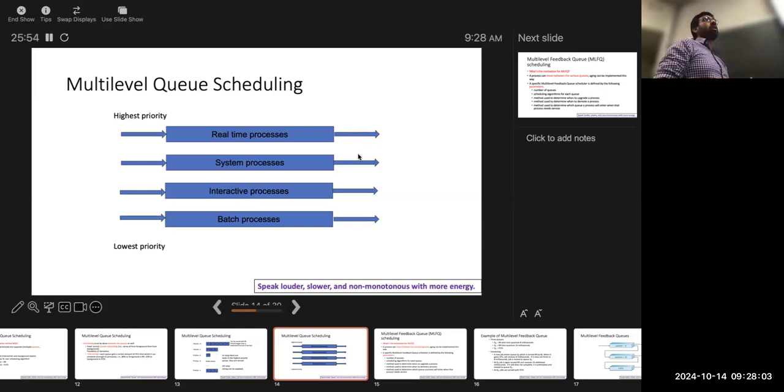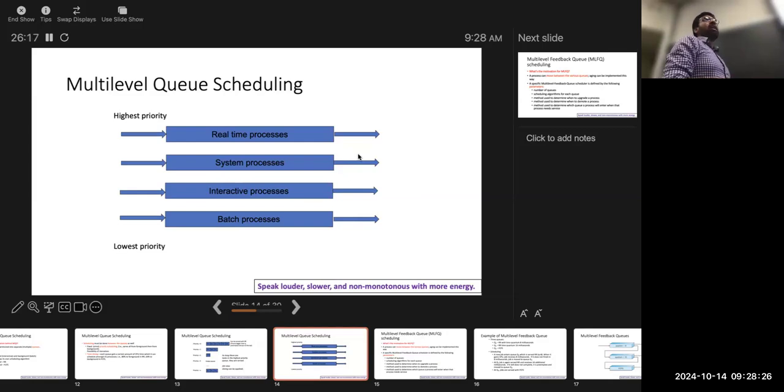But the current approach we are talking about doesn't allow you to dynamically move the processes from one priority queue to another. Once a process enters a queue, it stays in that queue until it gets the chance, right?